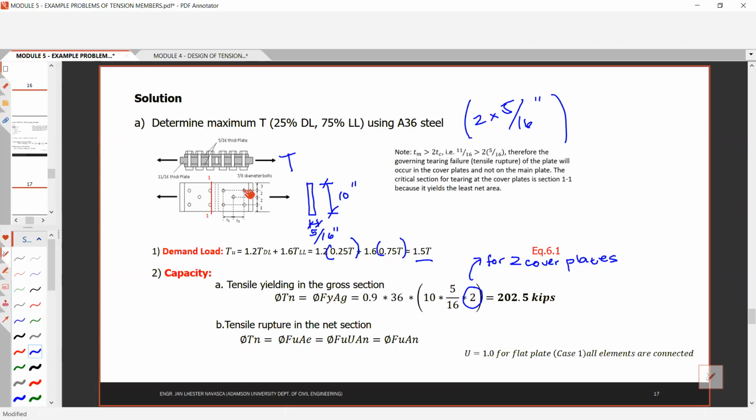Again, if we examine the example problem, our U, or the shear lag factor, is 1.0 for a flat plate, for case 1, since all elements are connected to the main plate. Therefore, Ae is equivalent to An, and your tensile rupture in the net section is phi Fu An.